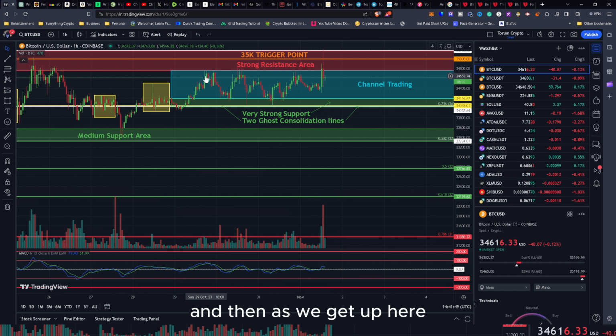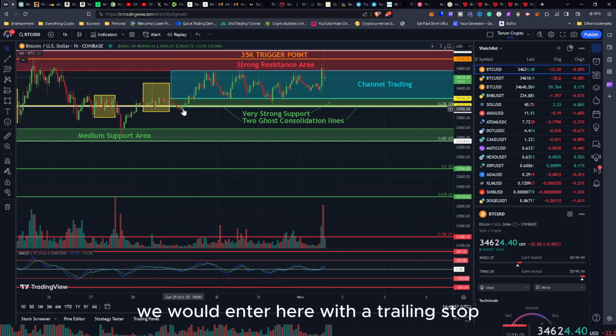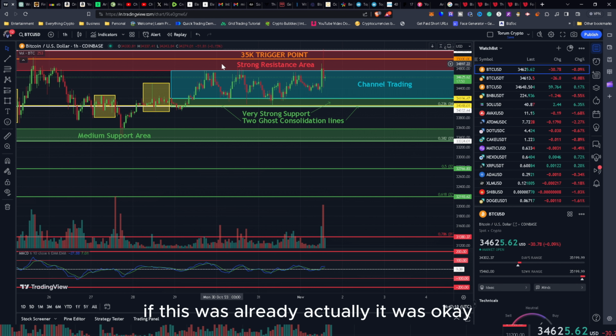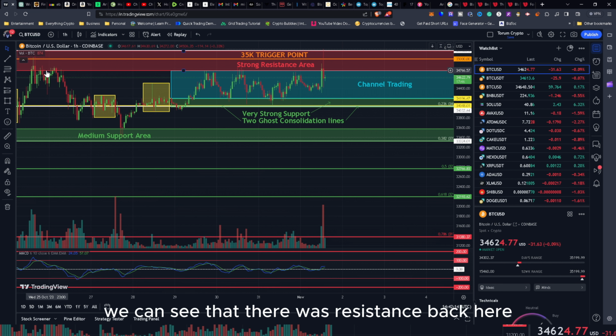And then as we get up here, we would enter here with a trailing stop. Okay, we could see that there was resistance back here.